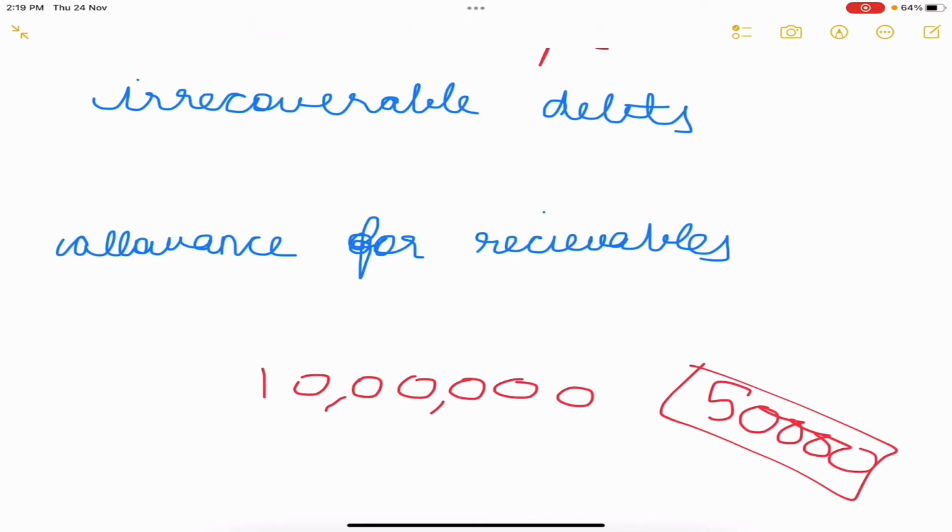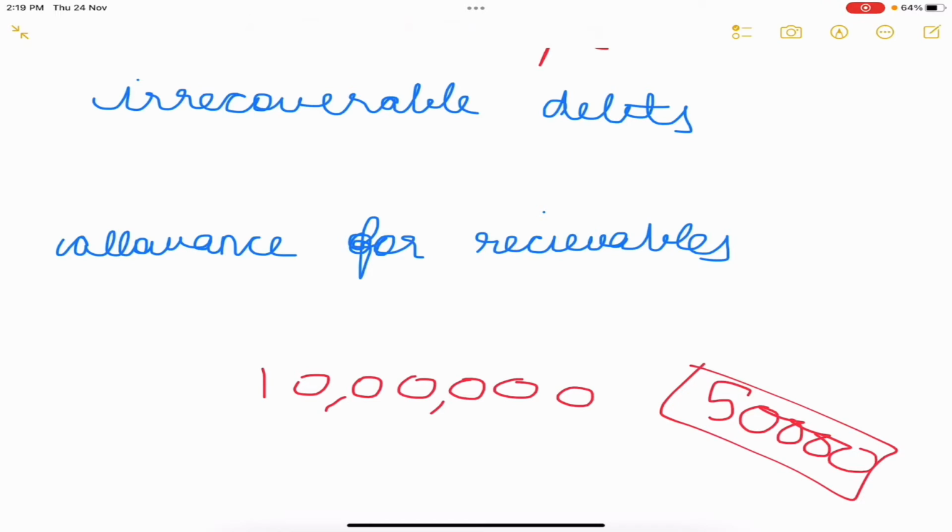Allowance is provision. Provision means we are anticipating a particular situation to occur in the future. So, to be prepared for such a situation, we are already setting some money aside. We are anticipating that a particular amount of irrecoverable debt might arise in the future.